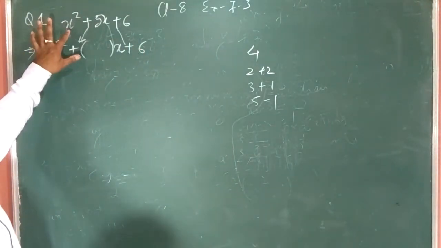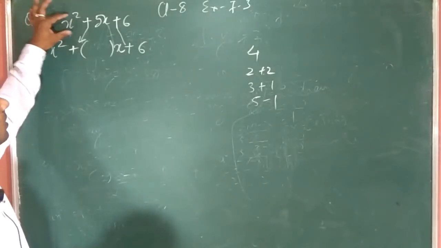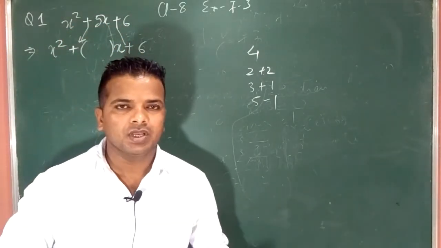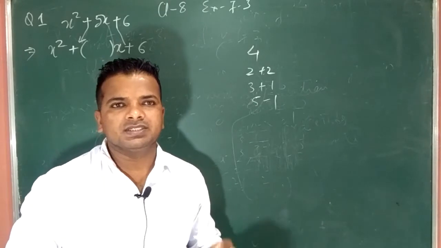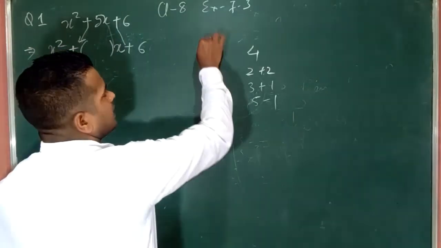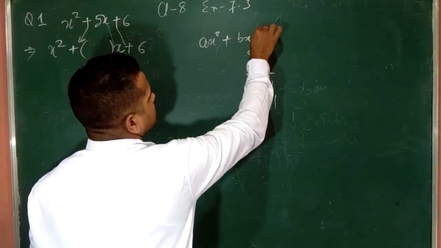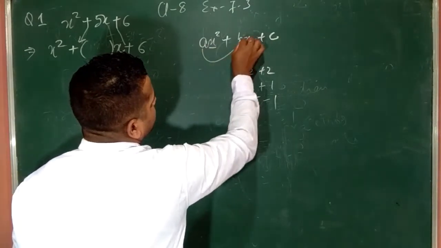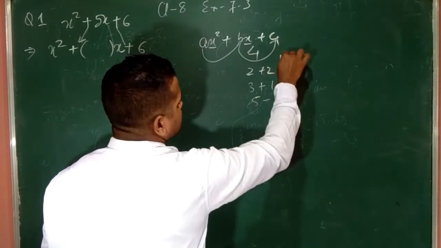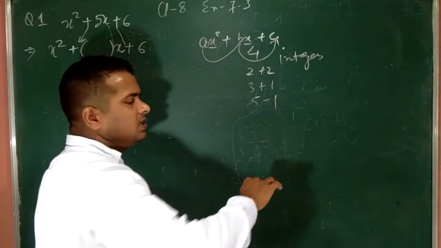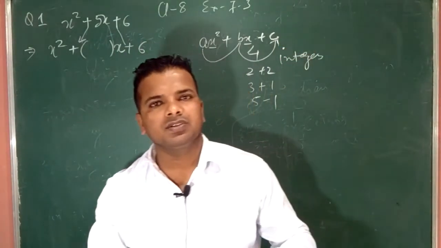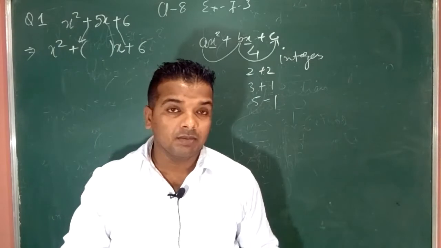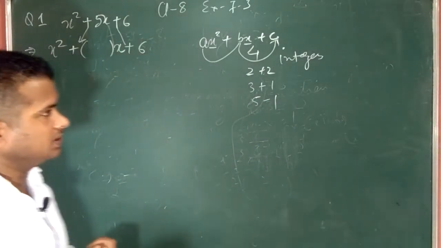As you know, this is called the coefficient. The coefficient of x square is 1, the coefficient of x is 5, and this one is called the constant term, because all quadratic equations are in the form ax square plus bx plus c, where x is your variable and a, b and c are integers. They may be negative or positive, that is not the problem, but they are constants.